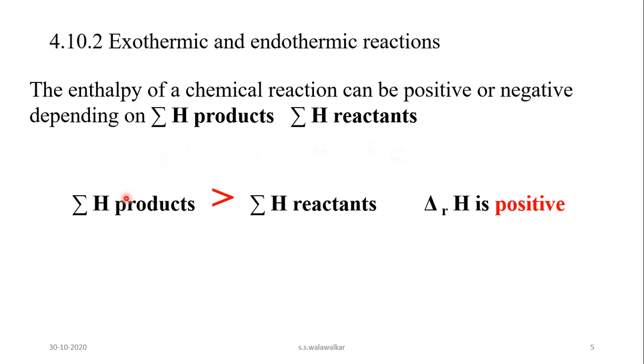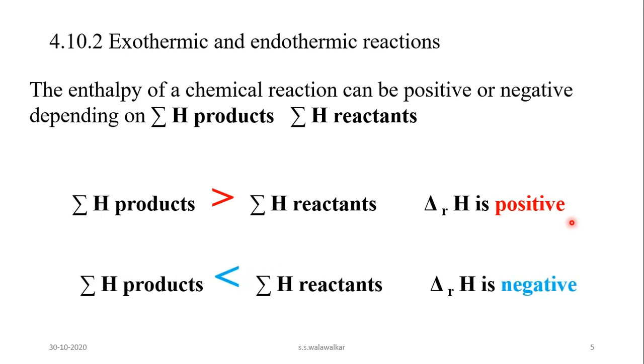Now if the sum of enthalpy of products is greater than the sum of enthalpy of reactants, so that means what? Total enthalpy of products is more than total enthalpy of reactants, then delta HR, that is heat of reaction, is positive. And if total enthalpy of products is less than total enthalpy of reactants, then delta HR, that is heat of reaction, is negative.